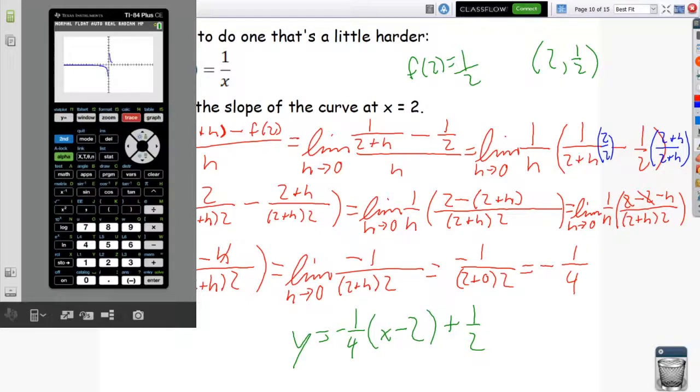And when I graph it, it should look like I have, look at that. It bumps right into the graph, and I show a tangent line right there. That's really freaking cool.